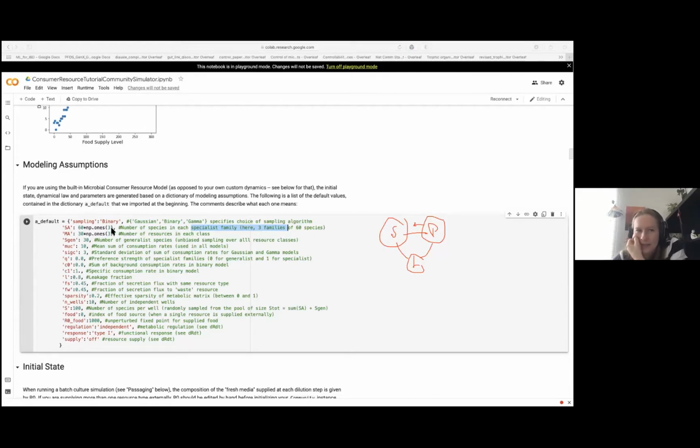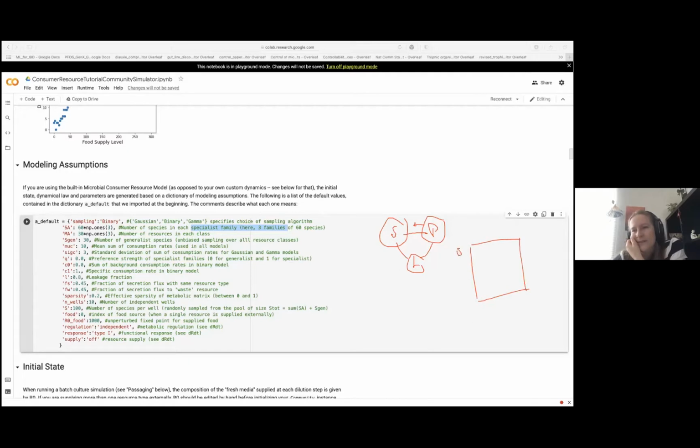So basically this class specifies the modularity of your consumption matrix, because in a nutshell, how you define your species is that for each species you define this table, right?